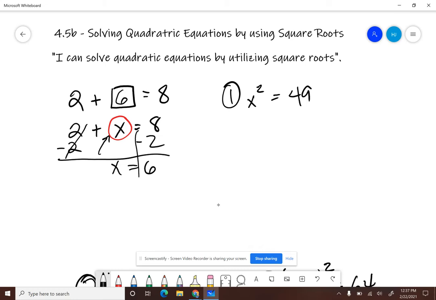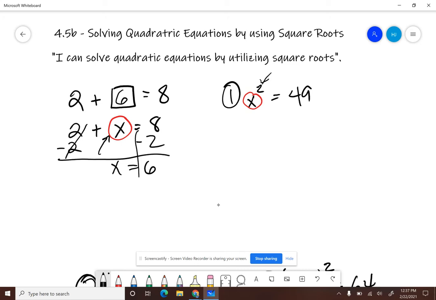Problem number 1 has x squared equals 49. The mission is still the same: I'm still trying to isolate that variable. So I'm going to have to get rid of this square, because that square is attached to this x. How do I get rid of a square?